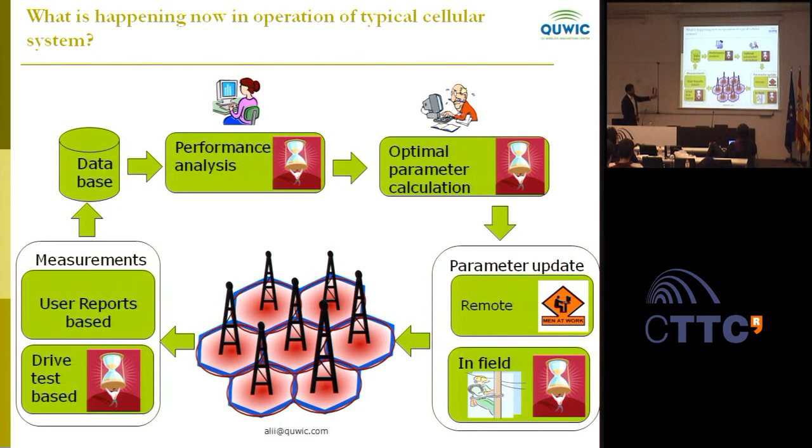A lot of problems. So due to this delay or latency of this cycle, current cellular networks are bound to operate in suboptimal performance. It's an understood fact. Every operator knows it, and they live with it. That's why I put in the title, "A Dream Come True for Operators, Self-Organization."